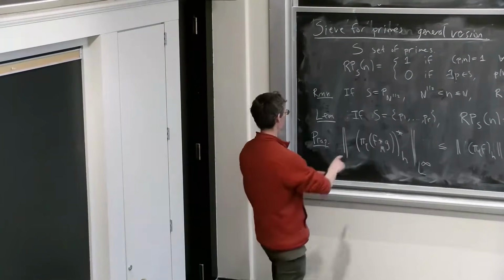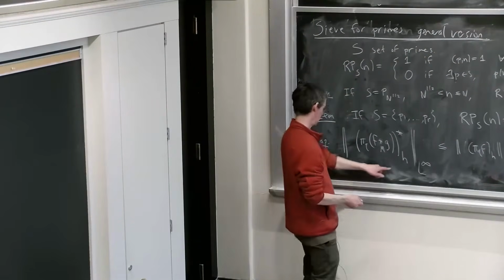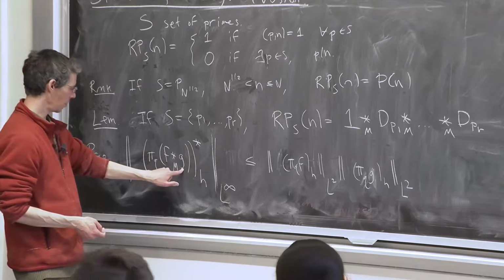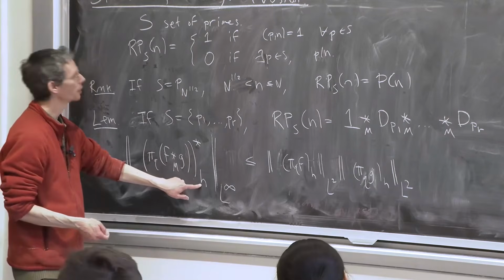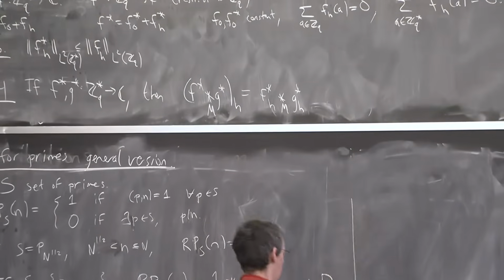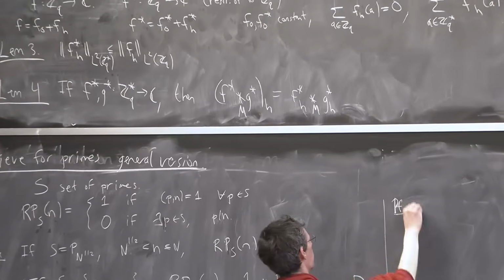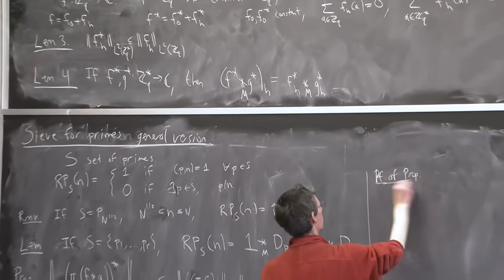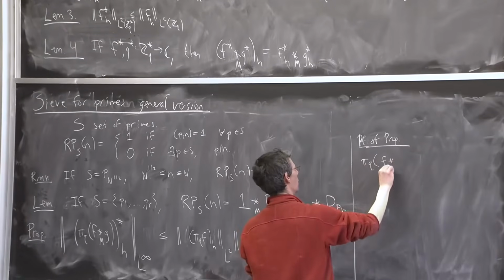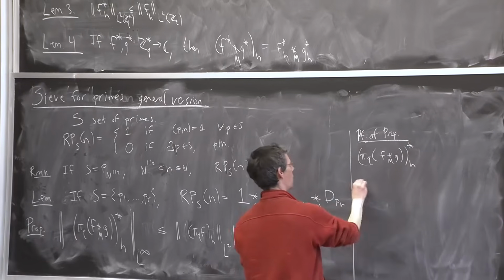OK, and it's just assembling a bunch of those lemmas. So, the projection of the convolution high part is the proof of the proposition. We have the projection of the convolution restricted, take the high part.